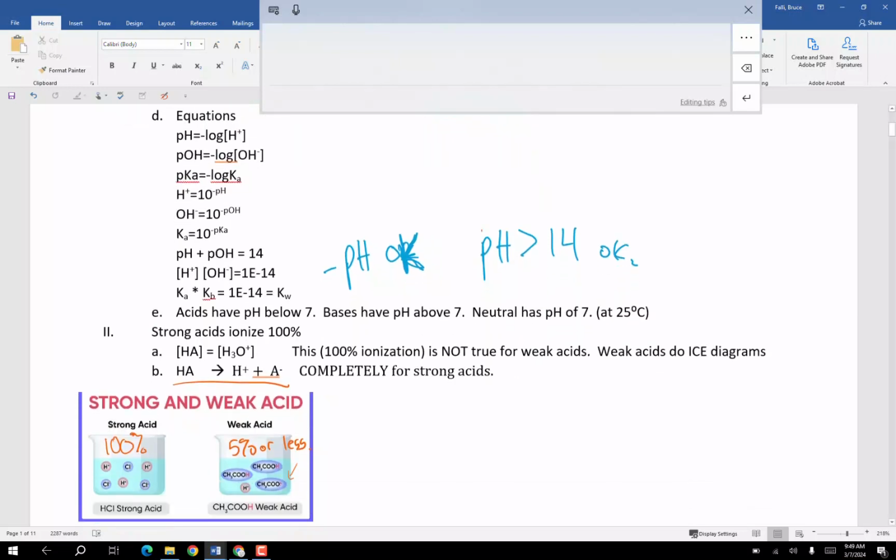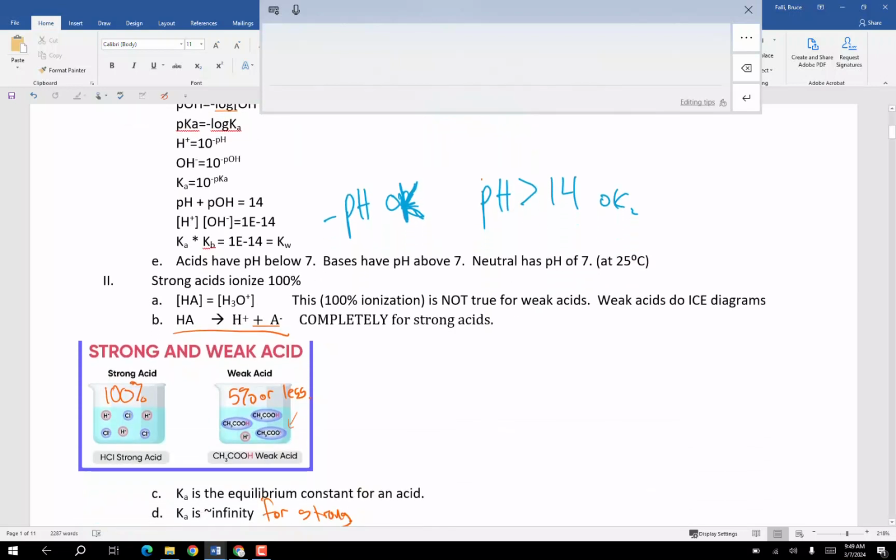All right. Strong acids. What makes a strong acid? We should know this. We've talked about this a bunch. A strong acid ionizes 100%. So that means if I'm looking at HCl, remember how I say I don't even think of that as HCl? I think of it as H positive plus Cl negative because that happens 100% of the time.